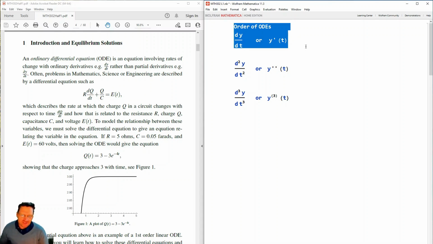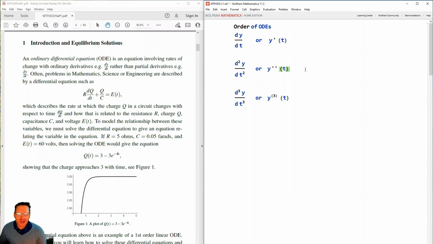So dy on dt, that's a first order derivative, which we can also write as y dash of t. A second order derivative is a rate of change of the rate of change. So d2y on dt squared, or you could write that y double dash of t, as a function of t. Okay, so there are two ways to write it.